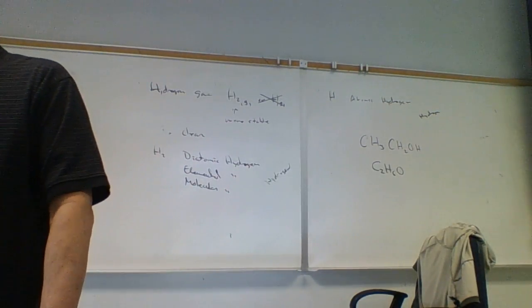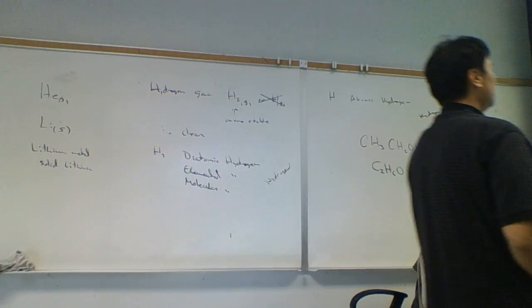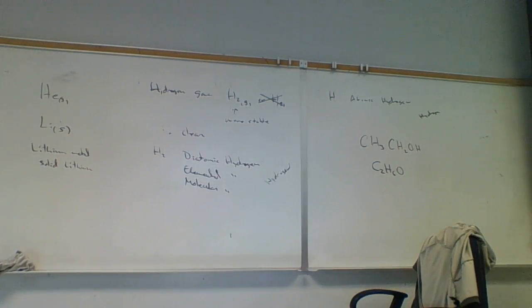Now, if I were to take this and do some kind of chemical separation, like electrolysis, although this wouldn't electrolyze that easily, I can separate the constituents of ethanol into individual elements. And so I know that ethanol is made up of the elements carbon, hydrogen, oxygen.